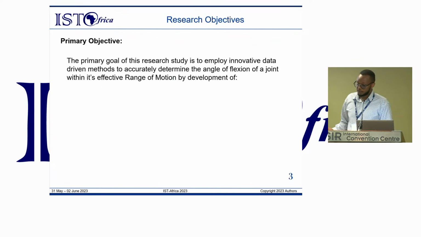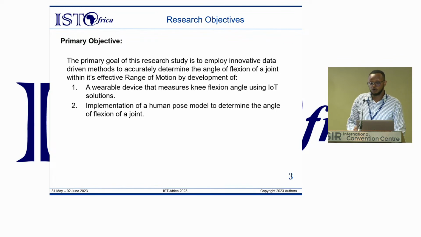So the primary goal of this research is to employ innovative data-driven methods to determine the flexion angle of the joint within its range of motion. And we're going to do it using 2 ways: implementing a wearable device that utilizes IoT solutions, Internet of Things, and also implementing a human pose model that is able to take in an image of a subject, superimpose a skeleton over the image, and generate the flexion angle of the joint that we are trying to get the angle from.